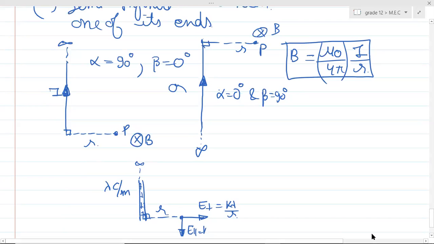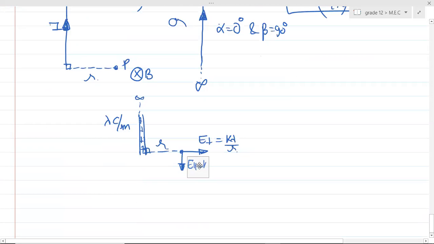Hence, the resultant was E parallel, and this is equal to k lambda by r, and then the resultant was root 2 times k lambda by r. Do you remember this? This was the net electric field, right?